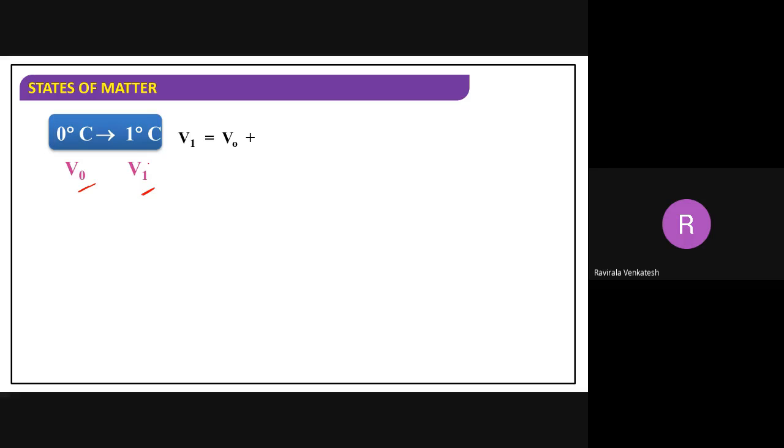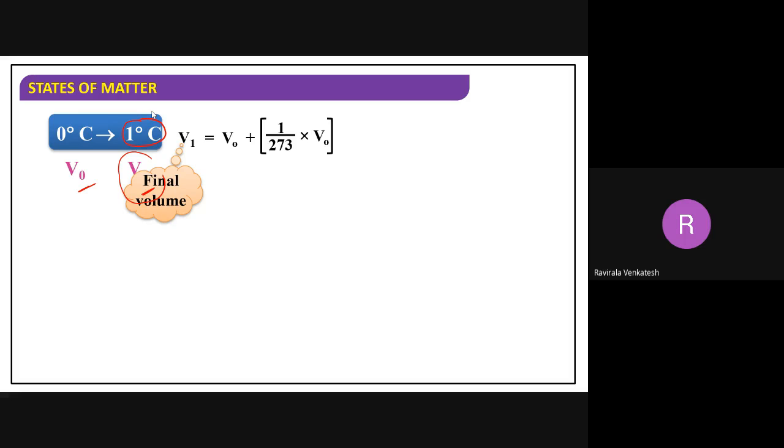Now, how to calculate the V1 value? V1 equals V0 plus 1 by 273 into V0. What is the meaning of this 1 by 273 into V0? When you increase the temperature by 1 degree Celsius, how much volume is increased?